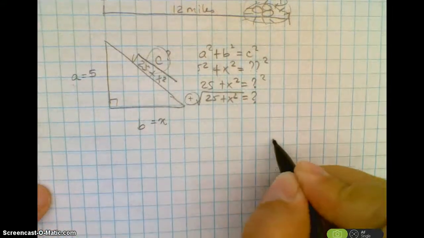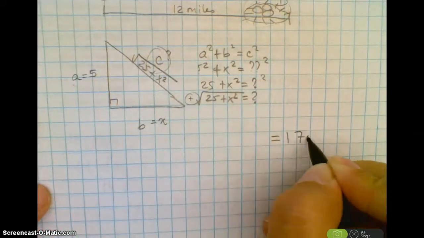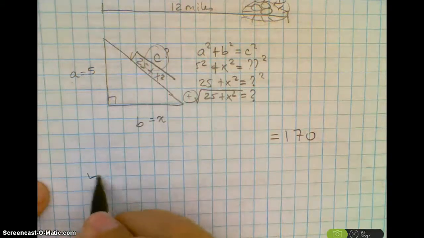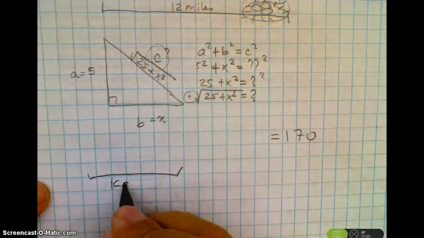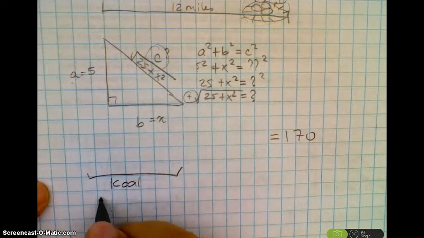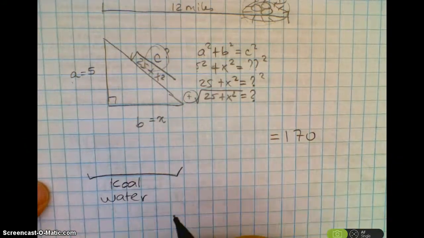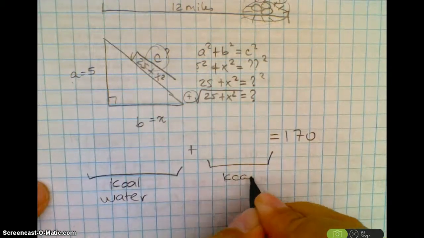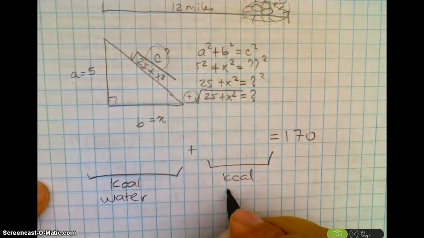I know that the total energy that this bird has is 170 kilocalories. So I just want to make sure that I'm adding the calories that he's going to spend flying over water, and I'm going to add the ones that he's going to spend flying over land.